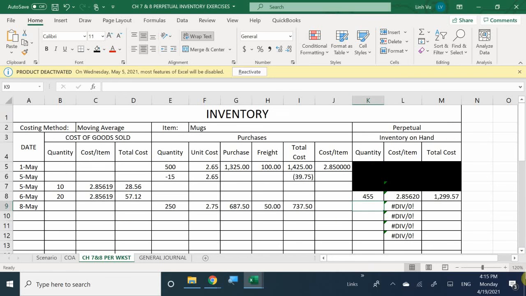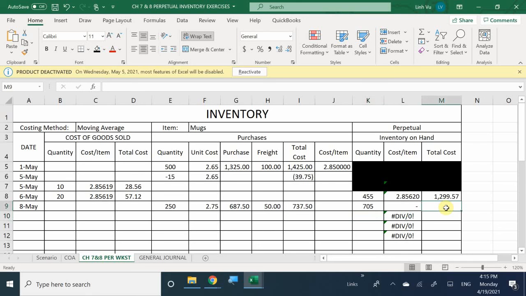And once again, let's add it to my inventory. So if I started with a beginning of 455 and I added my 250 of inventory, how much should I have now? 455 plus 250, 705.